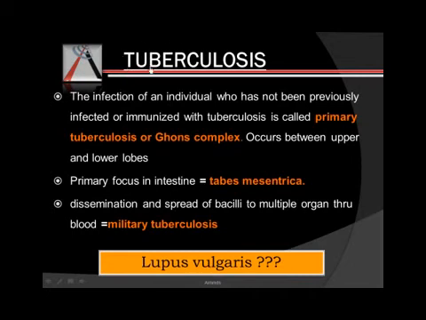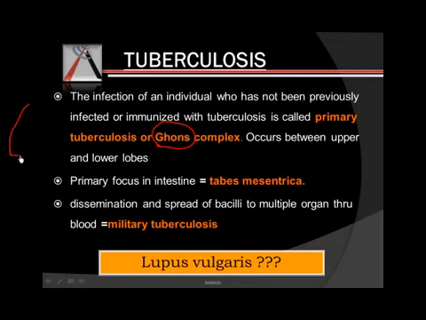The most important one is tuberculosis. The primary infection of tuberculosis is called Ghon's complex. It is seen in individuals who have not been immunized or who have not been previously infected. And this Ghon's complex occurs between the upper and the lower lobe.